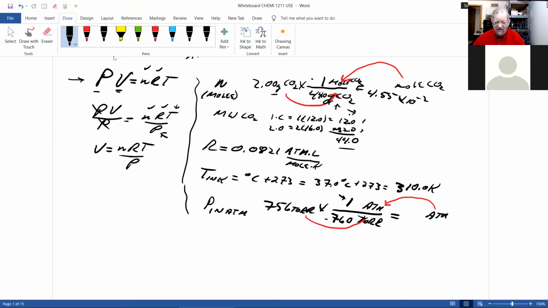Now, please note, these are both exact numbers. This is 3 significant figures. Oh, by the way, this was 3 significant figures. And this was 3 significant figures, which is why I rounded off. And therefore, our answer should be 3 significant figures.